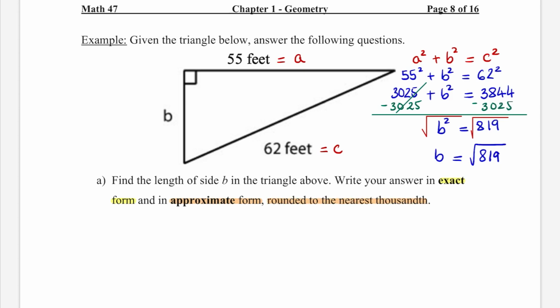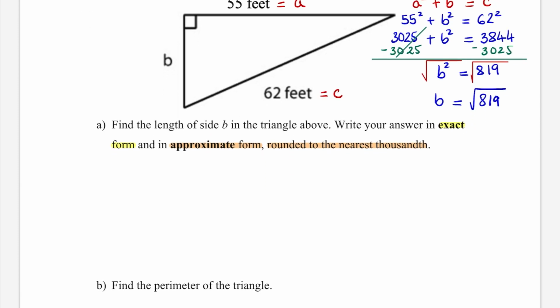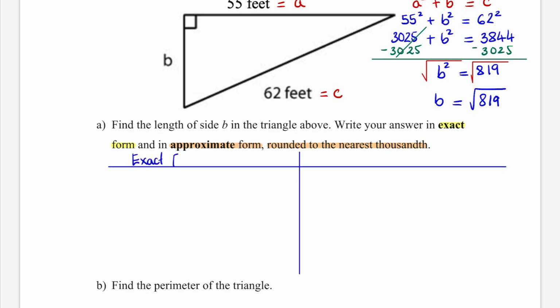In this question, they want me to round to the nearest thousandths. Okay, so I have to give my answer in two different forms. My answer is square root of 819, but I want to write it in two different forms. One is exact form, the other one is approximate form.